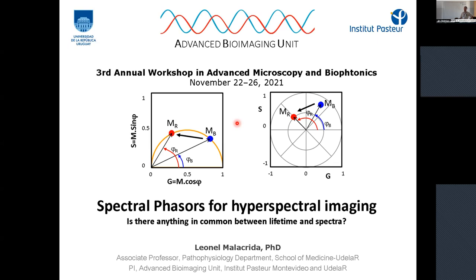And the reason why I was working with this is because when I was doing my thesis in Uruguay, we didn't have any FLIM microscope in Uruguay, neither a FLIM machine for cuvette experiments, but we got a hyperspectral microscope at the Institut Pasteur at that time. And I remember once we met with Enrico at a conference, and he said, well, Leonel, now we are able to do phasors in Uruguay.